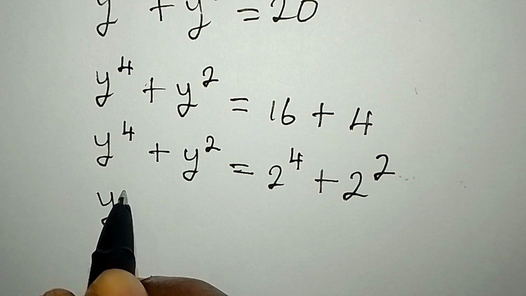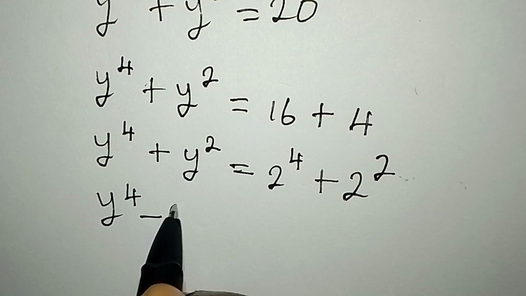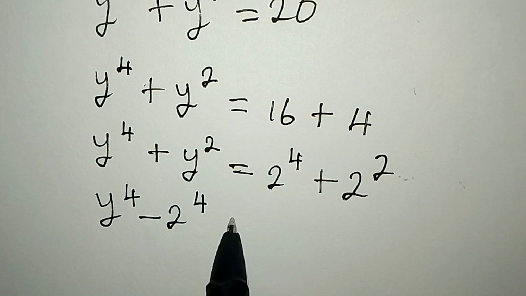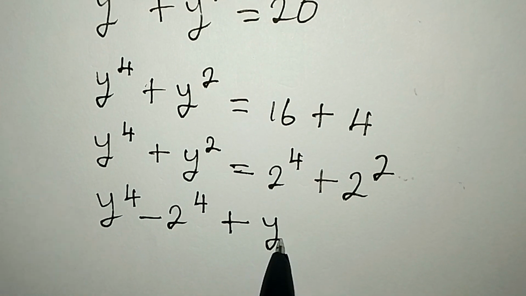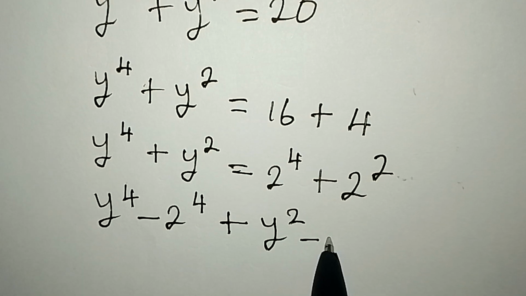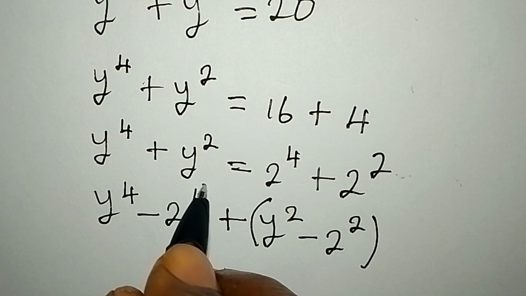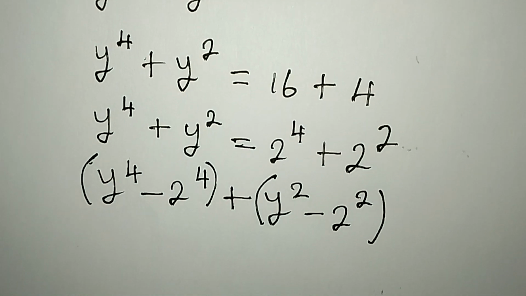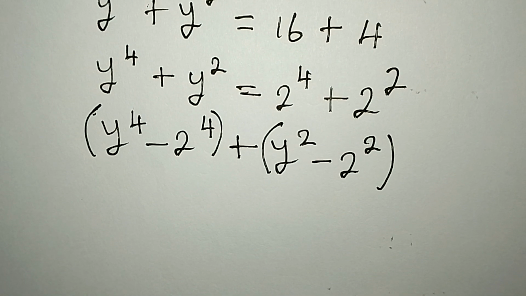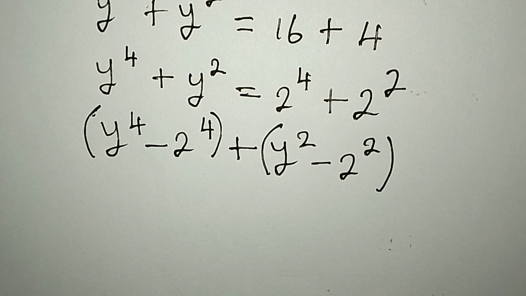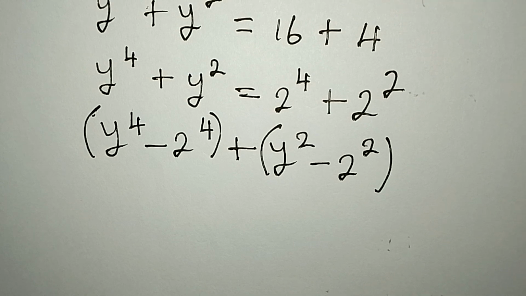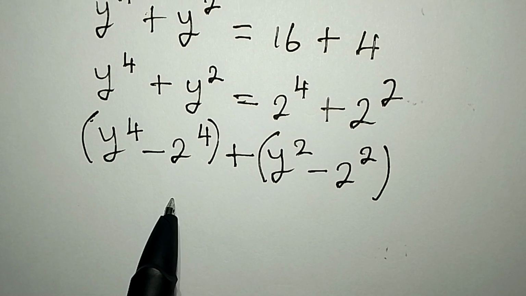So we have y to the power of 4 minus 2 to the power of 4, then plus y to the power of 2 minus 2 to the power of 2. Okay, so we're going to deal with this separately. And because we are to solve this completely, we're not looking for just one solution.